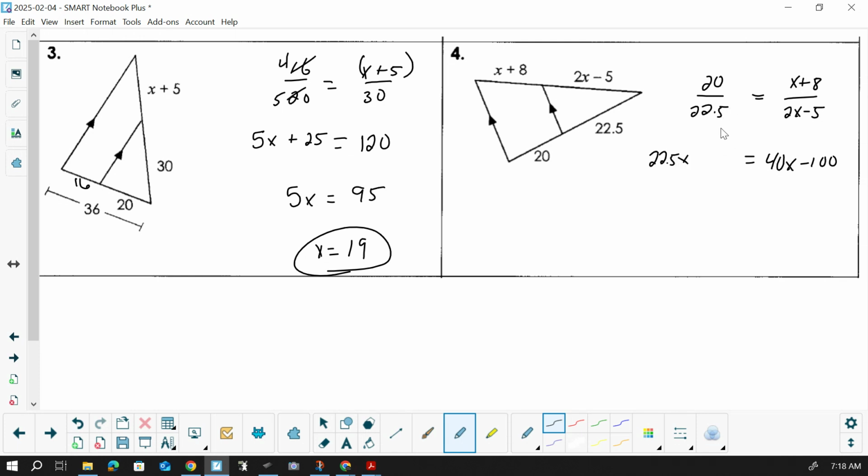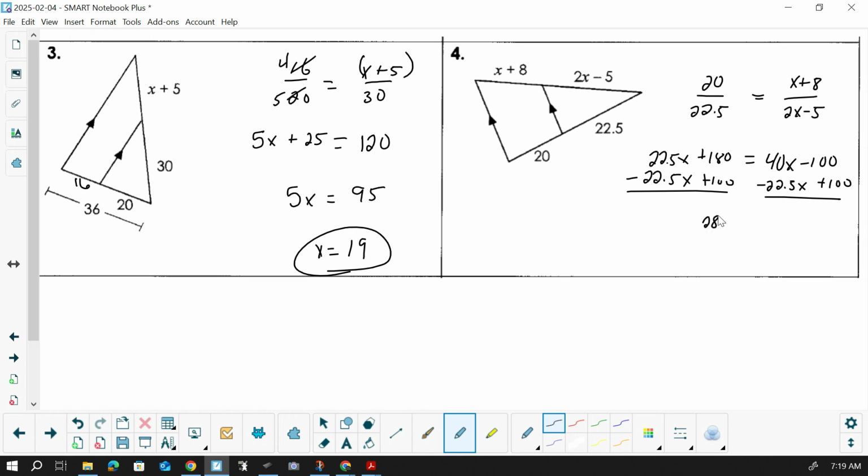And then 8 times 22.5 is 180. So plus 180. And then I want to subtract 22.5x from both sides. And add 100. So that's gone.